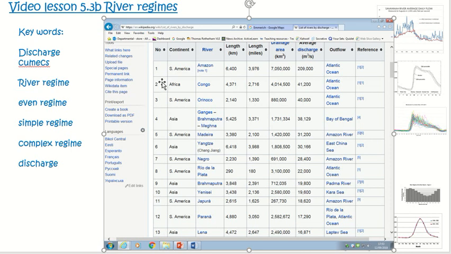Lovely bit of evidence to prove that it's very rainy and has a lot of inputs in South America. And then the second continent which pops up, Asia, 1, 2, 3, 4, 5 out of the top 13. So that's worth bearing in mind.